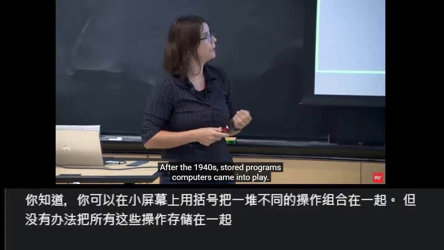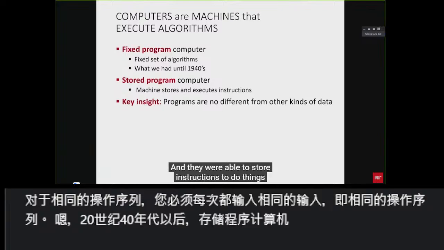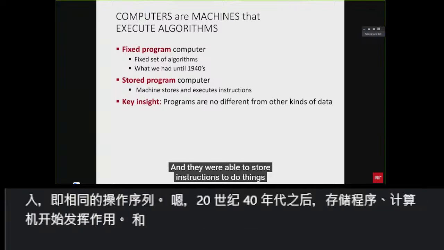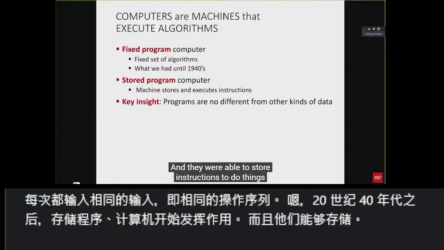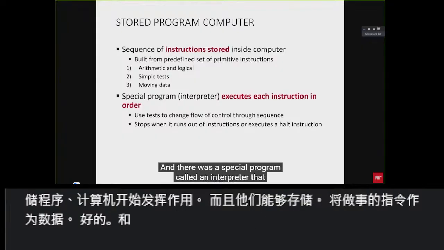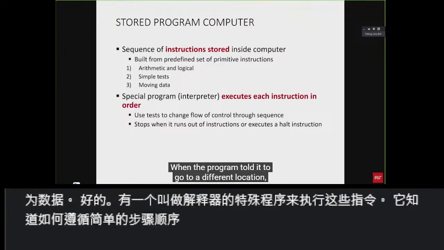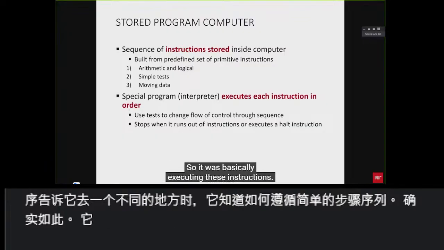After the 1940s, stored program computers came into play, and they were able to store instructions to do things as data, okay? And there was a special program called an interpreter that executed these instructions. It knew how to follow simple sequences of steps. When the program told it to go to a different location, it did. So it was basically executing these instructions.